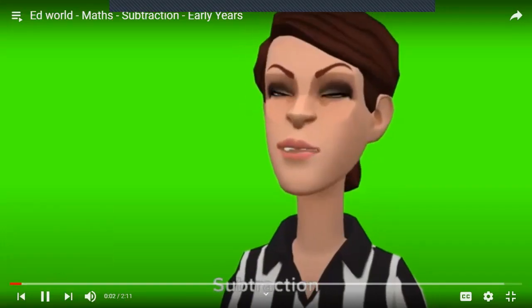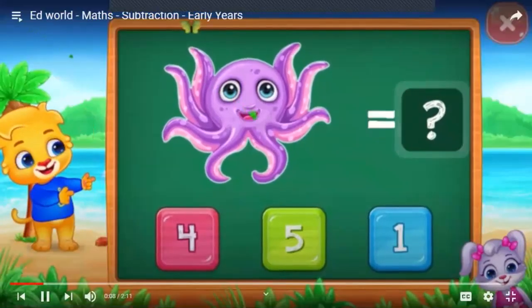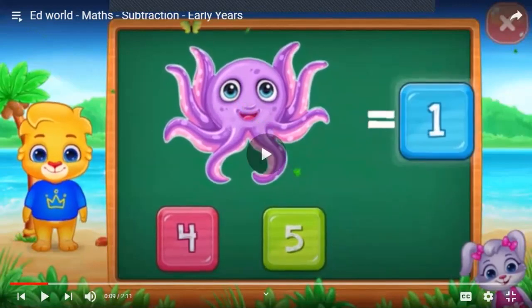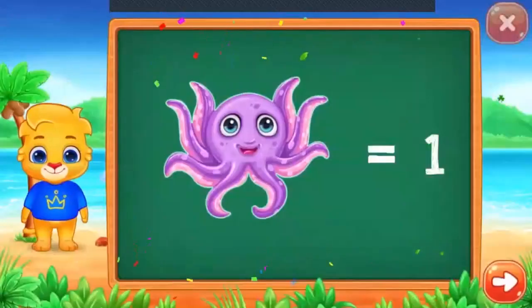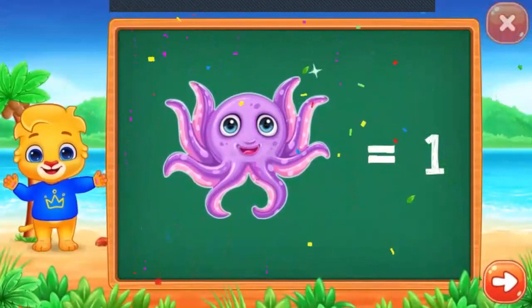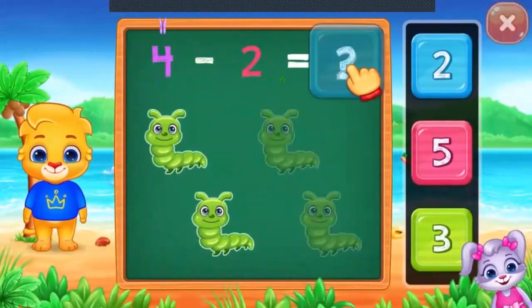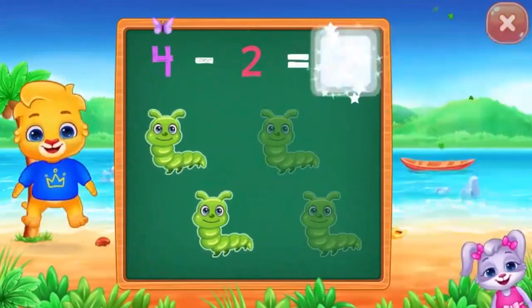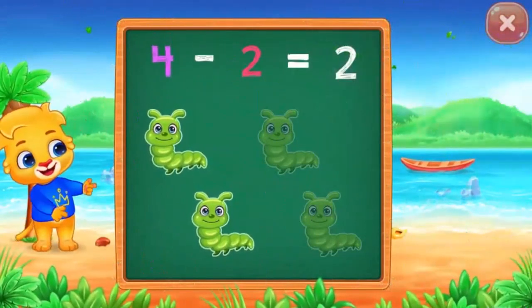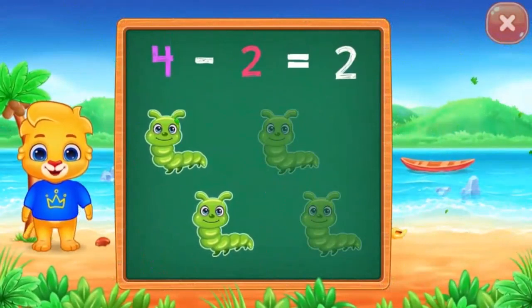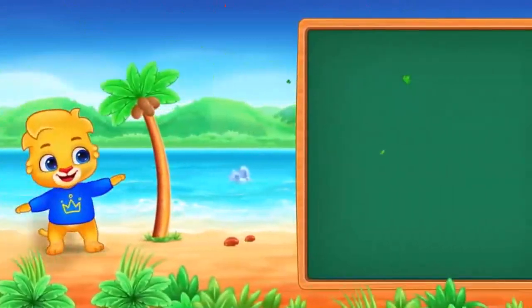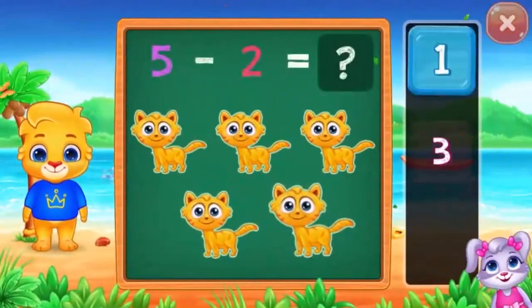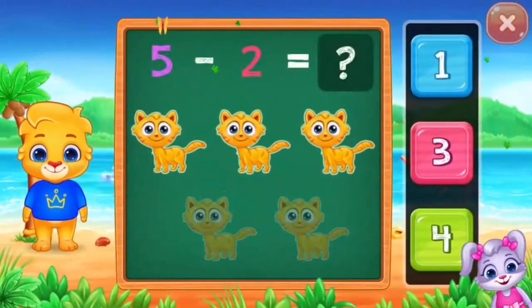Topic: Subtraction. Two. Woohoo! 4 minus 2 equals 2. Three.